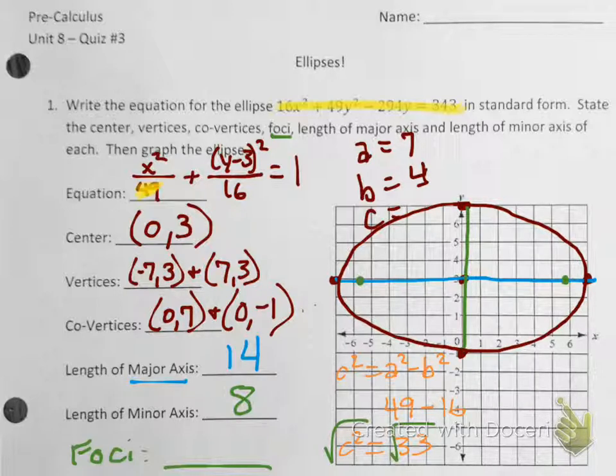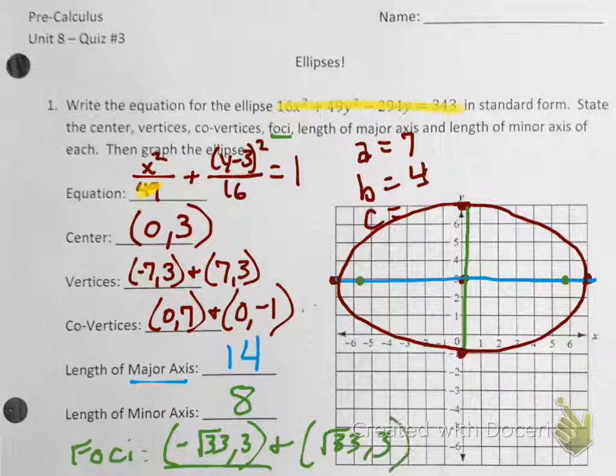Okay, and for our points, we take that center point 0, 3, and we're going to go negative root 33, 3, and positive root 33, 3. Okay, so that gives us our focus points and the rest of our components and characteristics for number 1.